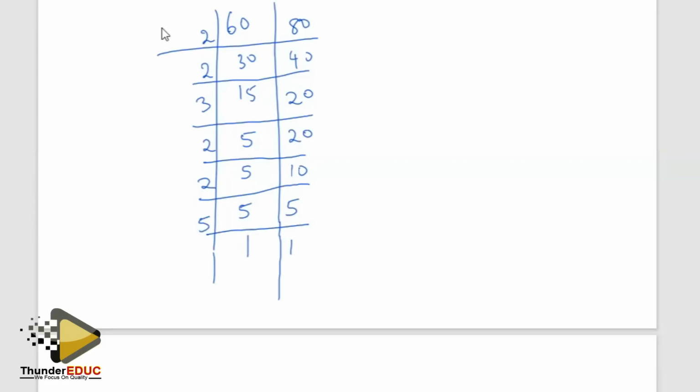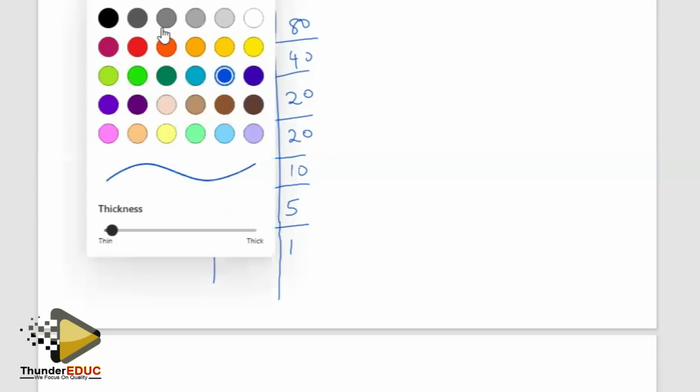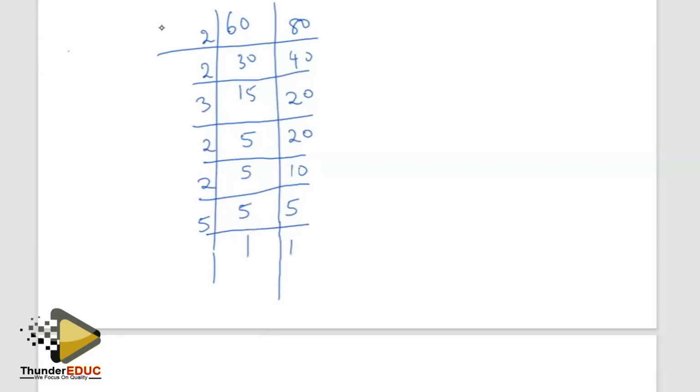Now, since everything is 1 and 1, I can find my LCM by multiplying these numbers here. So how many 2's do I have? It's 1, 2, 3, 4. So 2 to the exponent of 4, times there's just one 3, and there's just one 5.